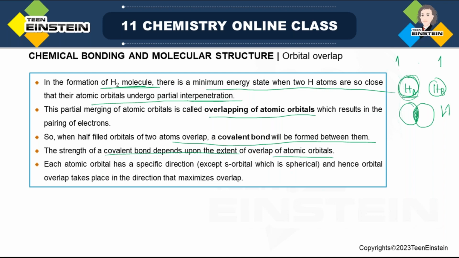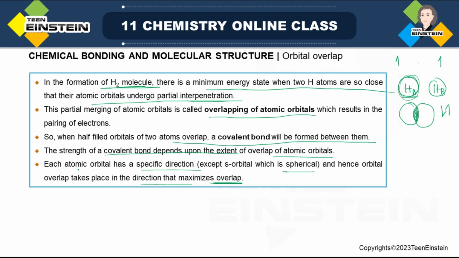Each atomic orbital has a specific direction except the s orbital, which is spherical. So no question of direction, we can say, for the s orbital. But if you consider p orbital or d orbital, then there is a specific direction. So orbital overlap takes place in the direction that maximizes the overlap.